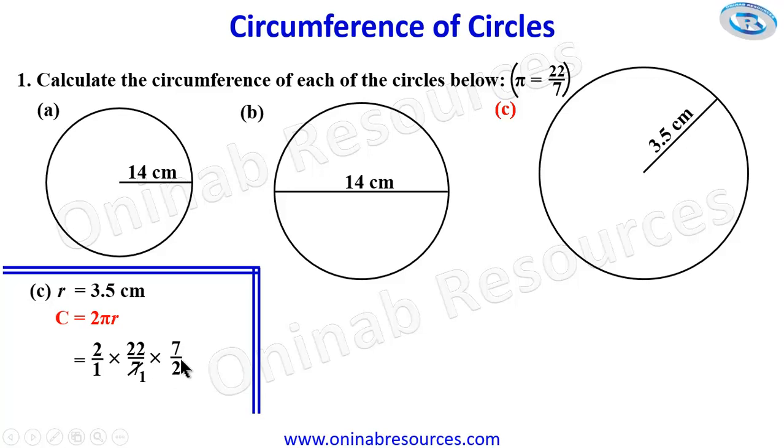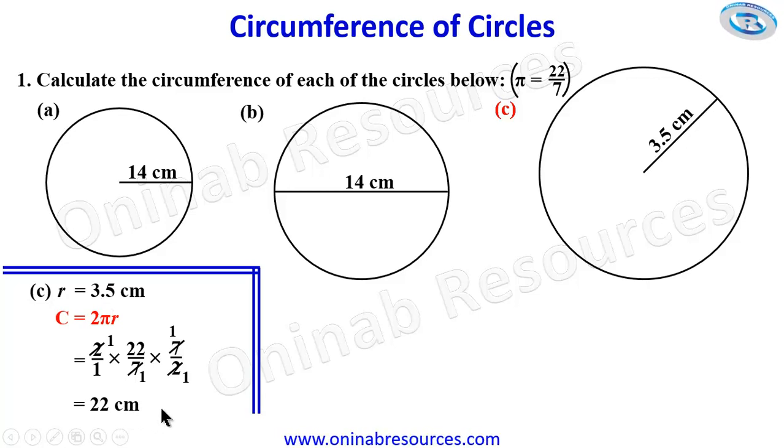So 7 goes into 7 gives 1. 7 goes into 7 gives 1. 2 goes into 2, 1. 2 goes into 2, 1. So we are left with 22, and that represents the circumference of the circle as 22 centimeters.